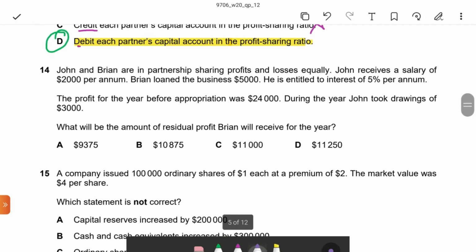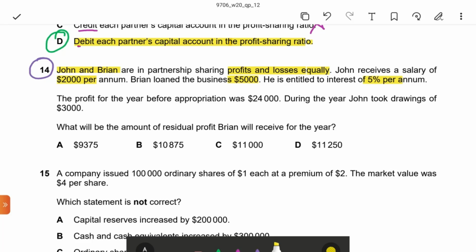Next, question number 14. John and Brian are in partnership, sharing profits and losses equally. John receives a salary of 2,000 per year. Brian loaned the business 5,000. The interest on the loan is 5% per annum.